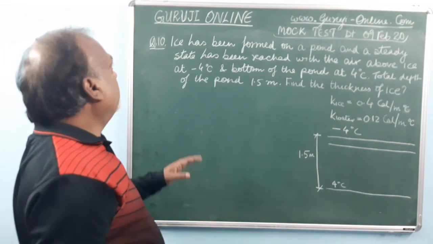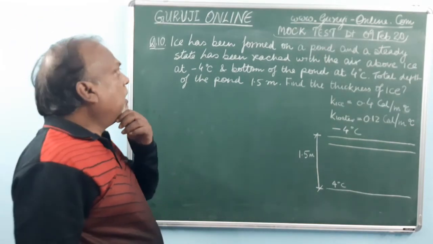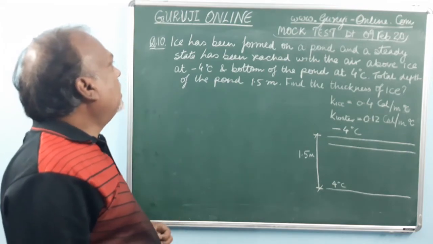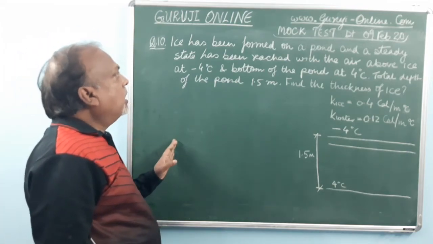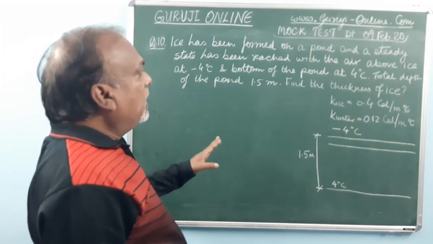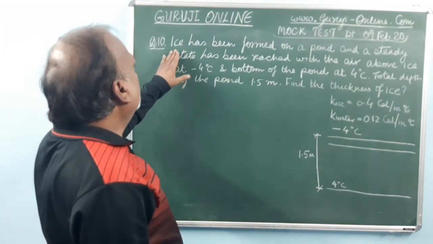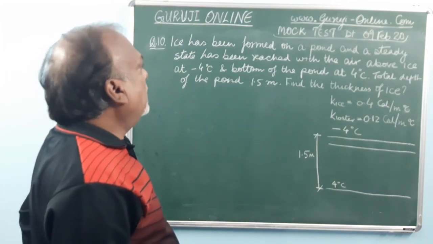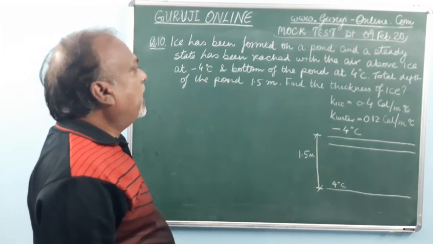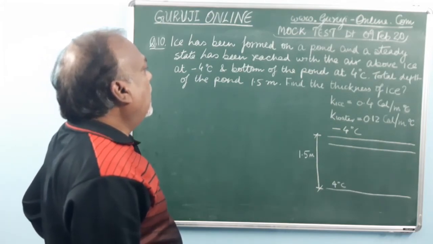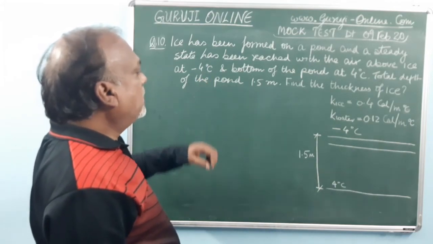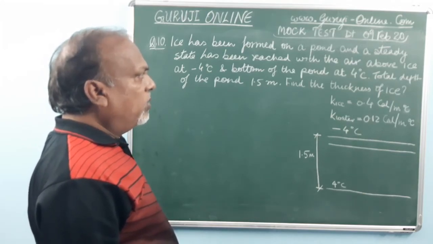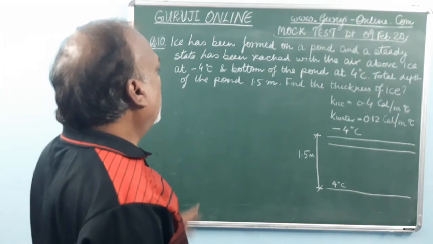So friends, this is our question number 10 and this is the last question of this mock paper, and this is a very good question. In this question it says ice has been formed on a pond and a steady state has been reached with the air above ice at minus 4 degrees centigrade and bottom of the pond at 4 degrees centigrade. Total depth of the pond is 1.5 meter.